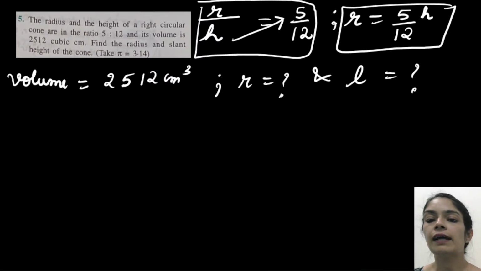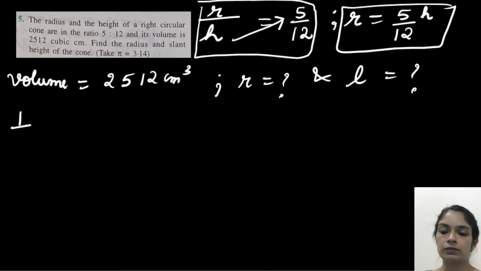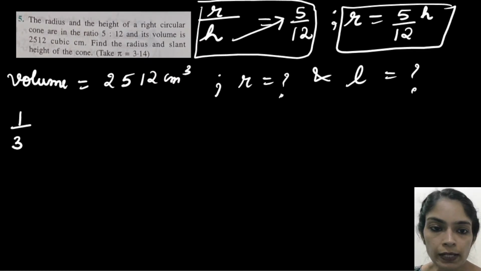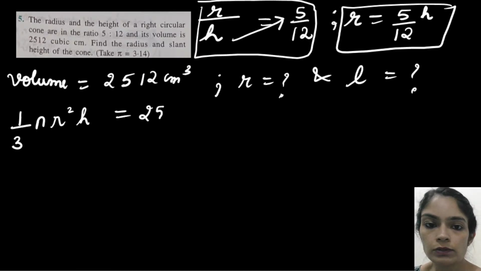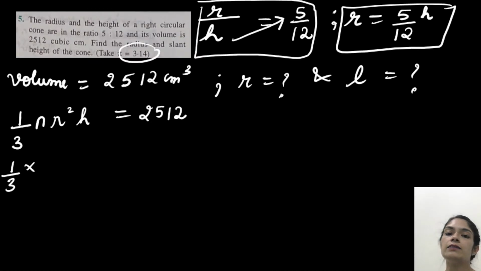Now here we can write the formula of volume. Volume's formula we know, because volume is given to us. Volume is 1 by 3 pi R square H, equal to 2512. Now we don't know R, but R's value we know in terms of H. So we can write that. 1 by 3, pi's value here, it's specifically mentioned in this question, we have to take 3.14.